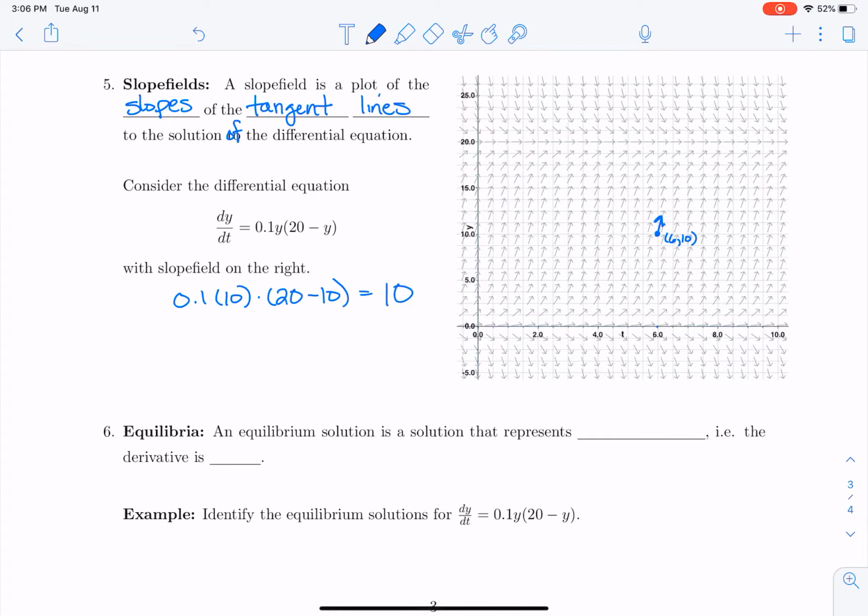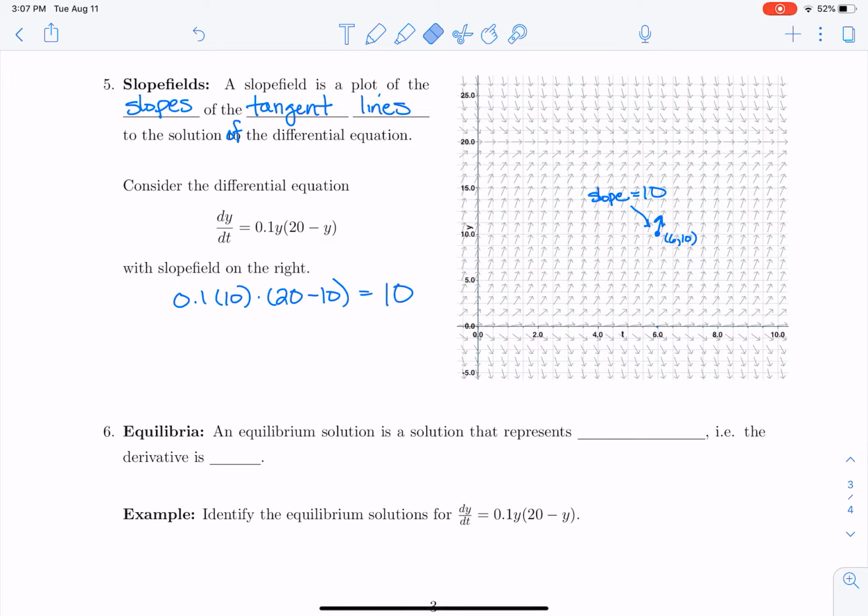And so at that point, we know that the derivative is 10. So the slope here of this arrow is equal to 10. And if you do that for every point in this ty plane, you create a slope field.